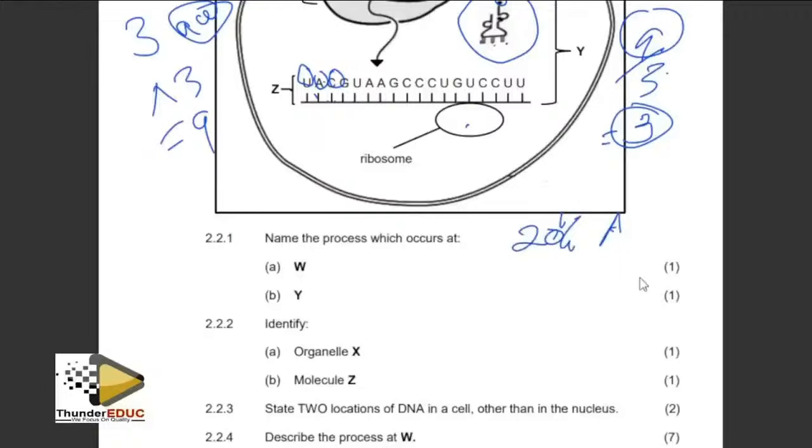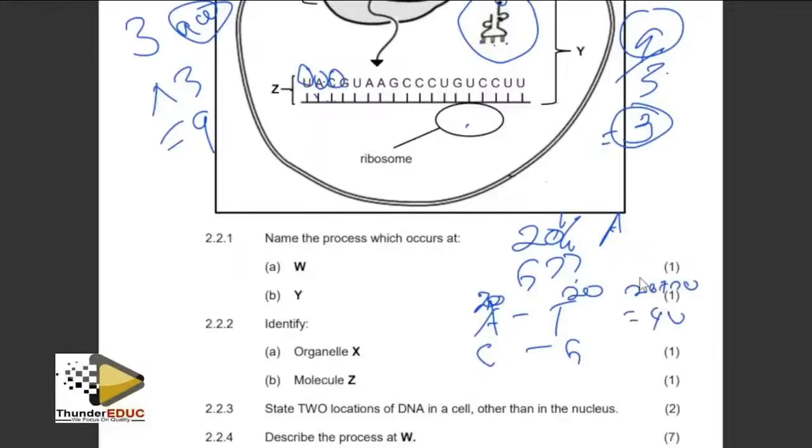What is the percentage of guanine? So you have to know this. If 20%, you have to know that A goes with T, C goes with G. So if A is 20, T is also 20. So 20 plus 20 is equal to 40.